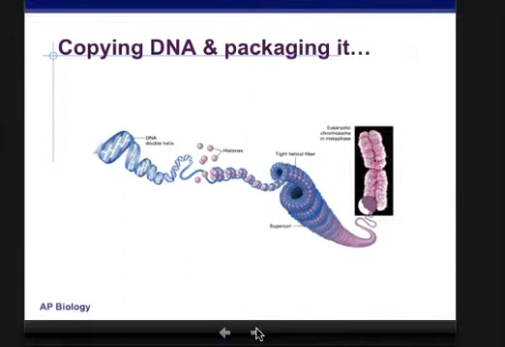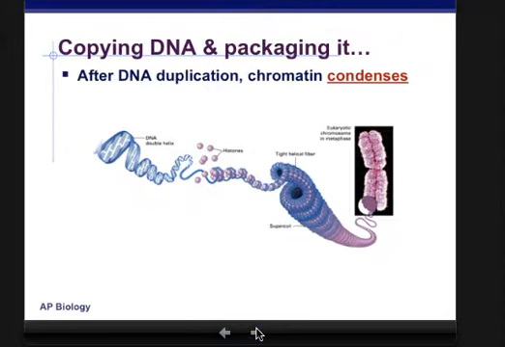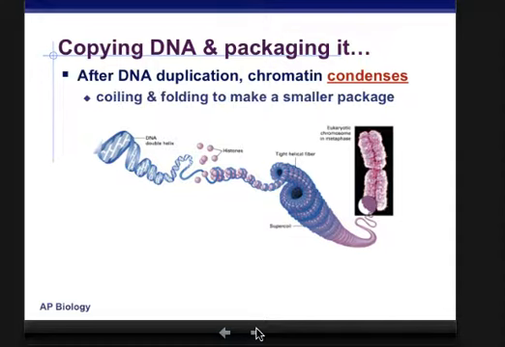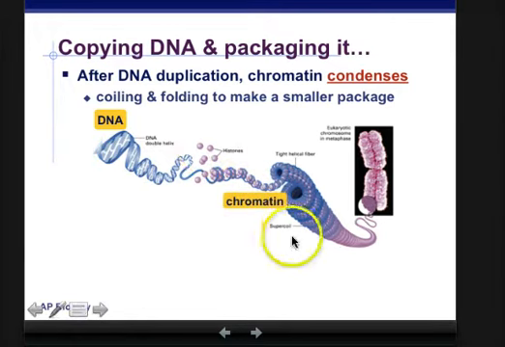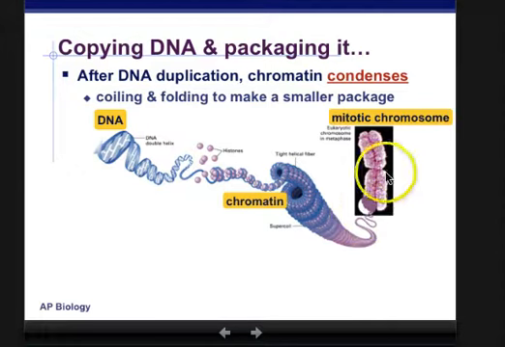After the DNA is duplicated, the chromatin condenses, coiling and folding to make a smaller package, to keep it compact and organized for separation. So this is the DNA, the helix that you're used to seeing. There are the histones and the chromatin, and here's the mitotic chromosome, the duplicated chromosome.